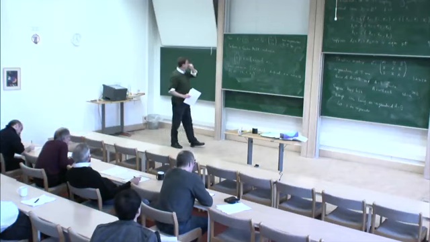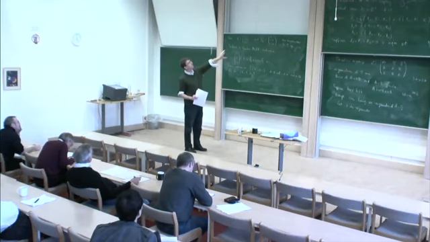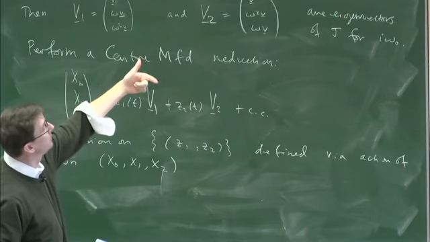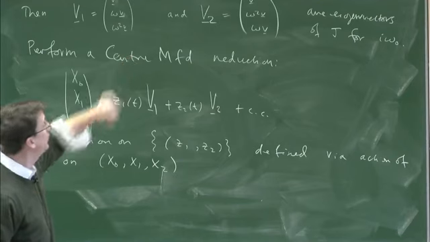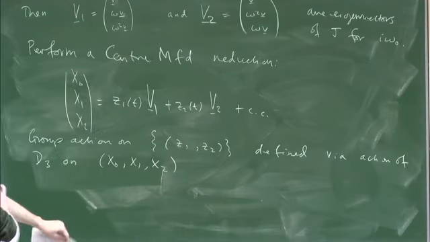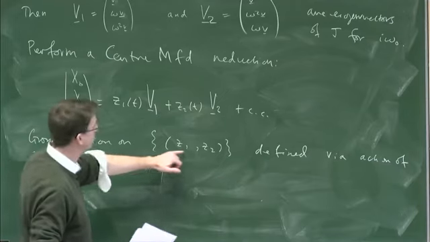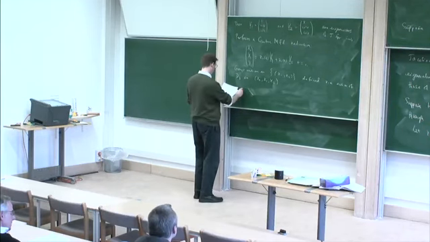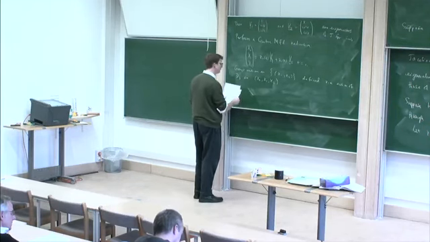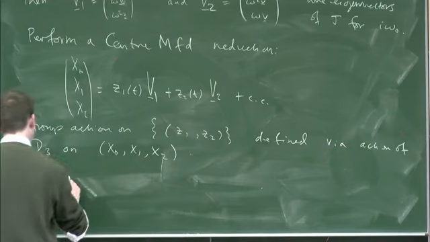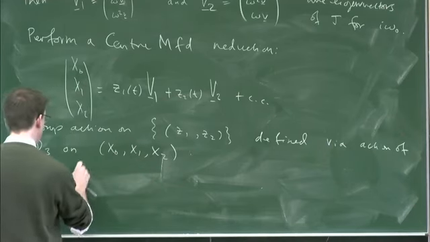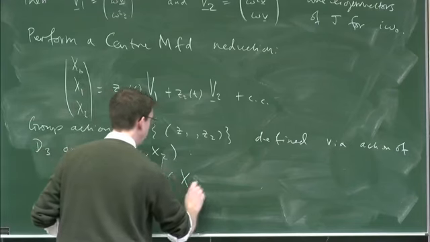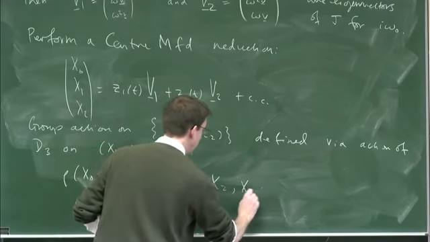So we had some permutation possibilities of permuting my x's around, or just keeping x0 where it is and flipping x1 and x2. And that induces an action of D3 on my center manifold coordinates z1 and z2. So we have something like rho on x0, x1, x2 giving x1, x2, x0.